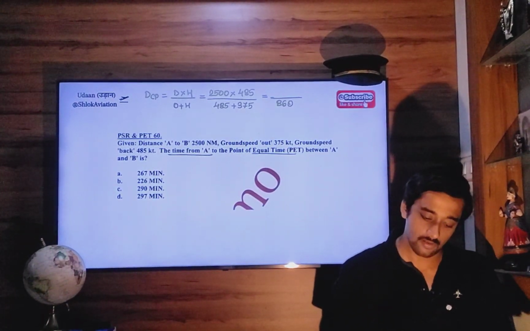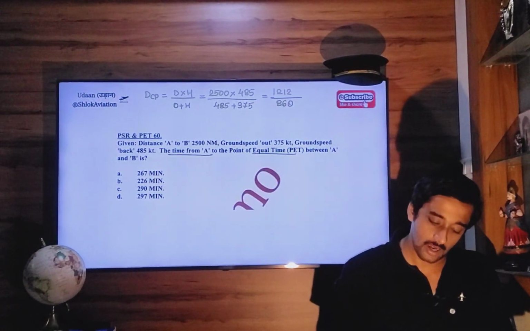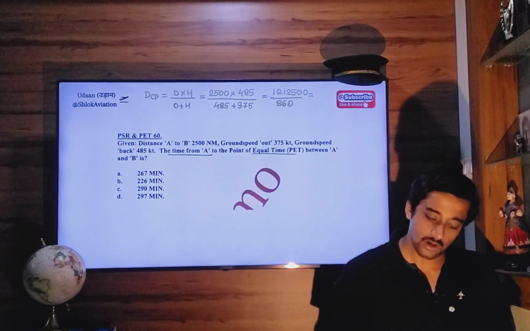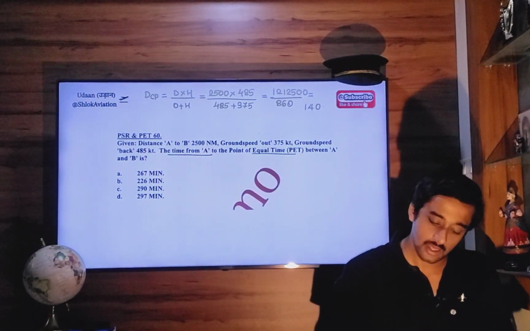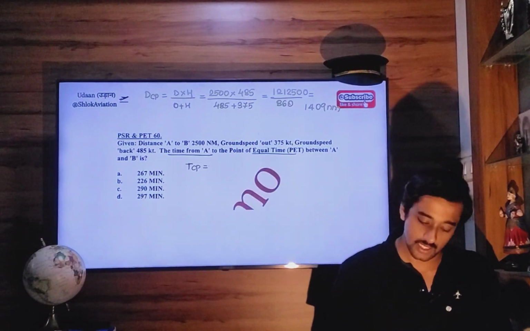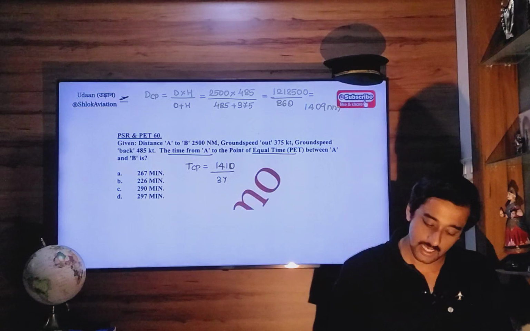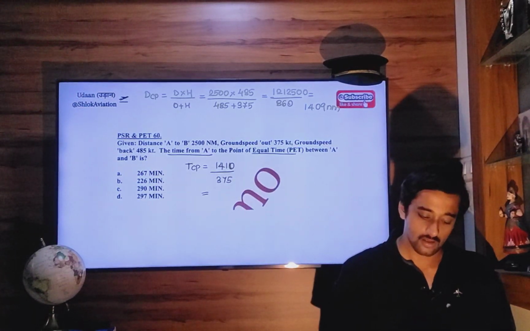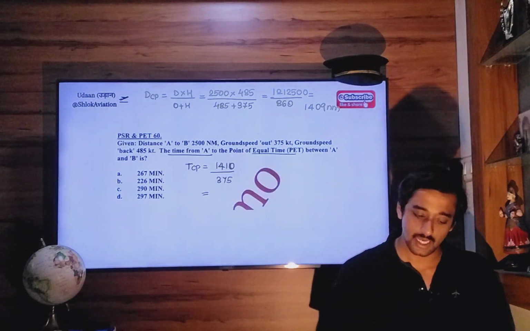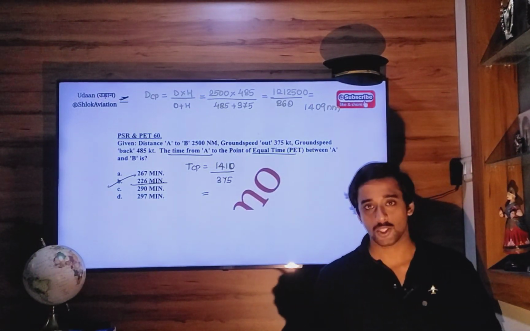Numerator 2500 into 485, 1212,500. That is equal to 1409 nautical miles. So time to critical point is distance 1410 divided by outbound speed 375. 3 hours 45 minutes, multiplied by 60, 2:25 minutes. So option Bravo is the closest option.